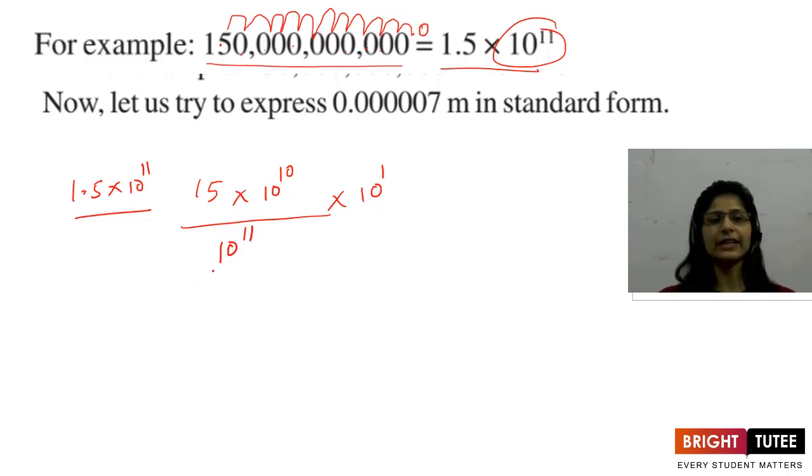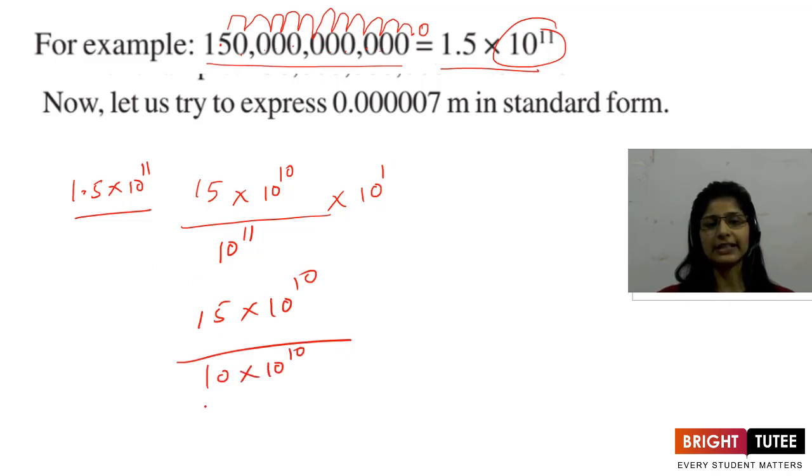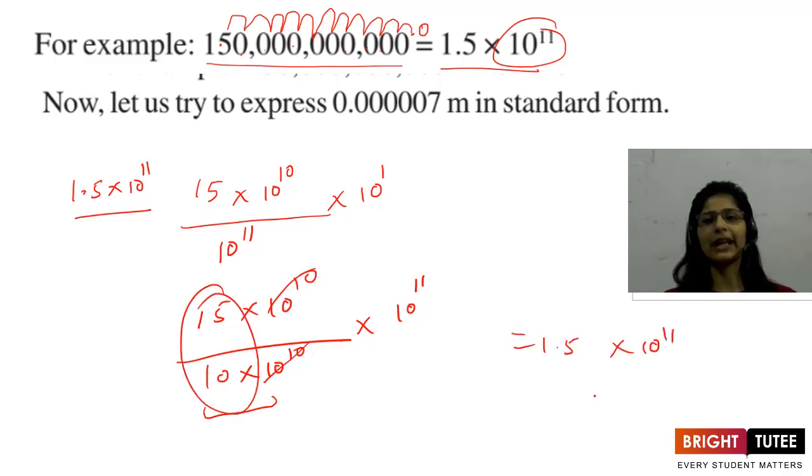That can be broken into 15 into 10 to the power 10 upon 10 into 10 to the power 10, that is 10 to the power 11. If I do that in the denominator, I have to write 10 to the power 11 in the numerator also. So this would get cancelled, and this will form 1.5 into 10 to the power 11.